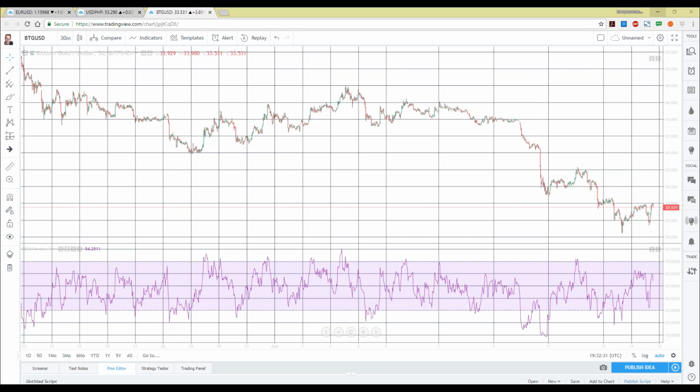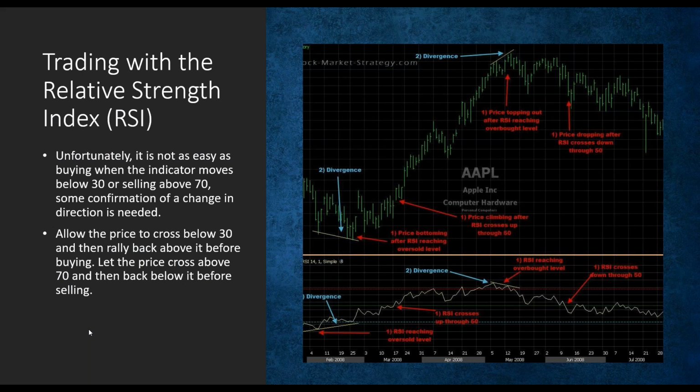Let's discuss this or come up with some other examples. So we want to allow the price to cross below 30 and then rally back above it before buying. Remember, this is an important point.